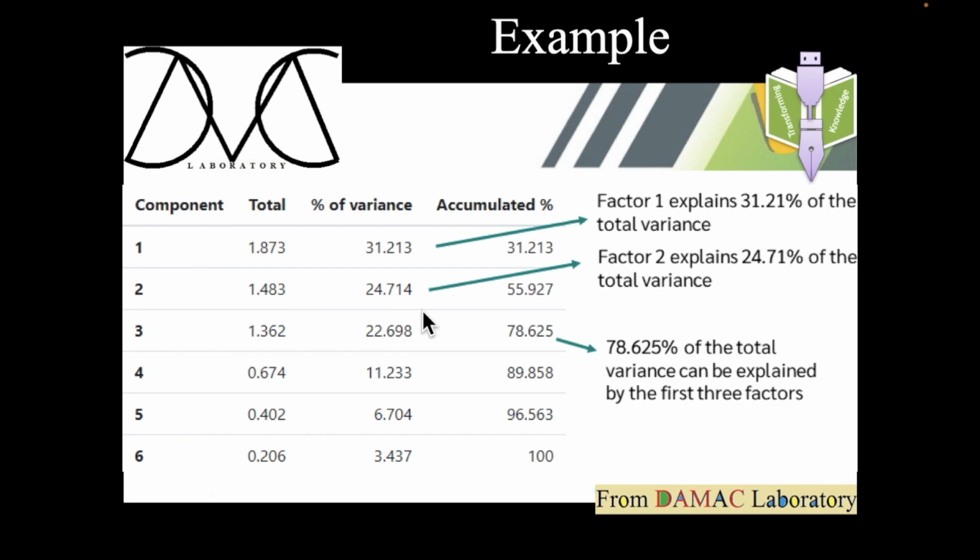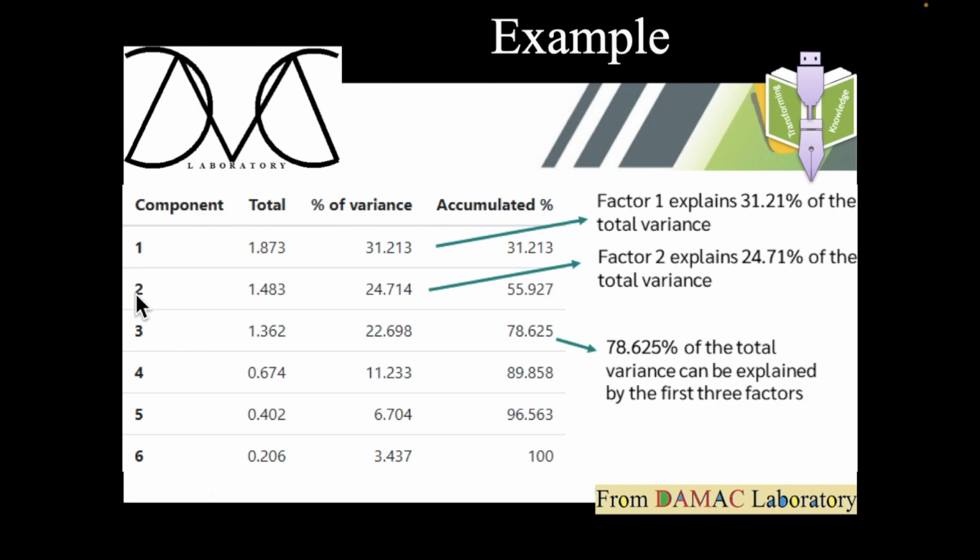Now, if you calculate the variance of each of these factors and make a tabular representation in percentage format, then factor 1 says that 31.21% of the total variance can be expressed by factor 1.